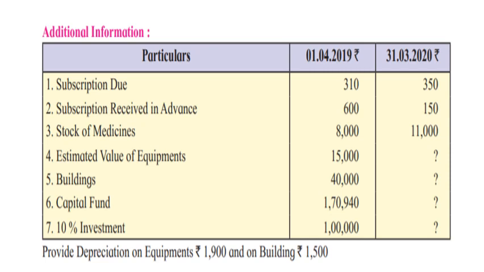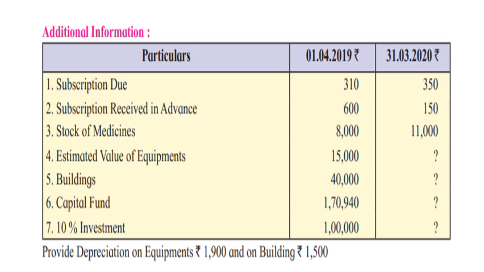Then we're going to give the effects of subscription due. So here the subscription due on 1st April 2019 is 310, means this is the outstanding subscription for 2018-19. So we have to deduct this outstanding subscription from our subscription. Then the next, subscription due on 31st March 2020, that is the outstanding subscription for the current year.